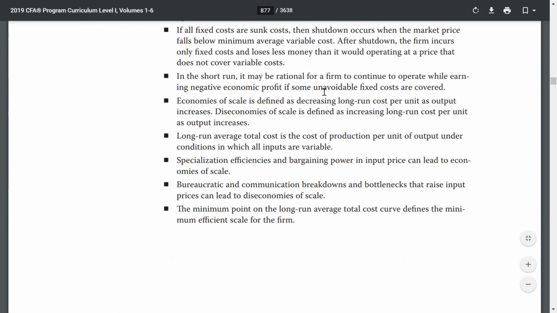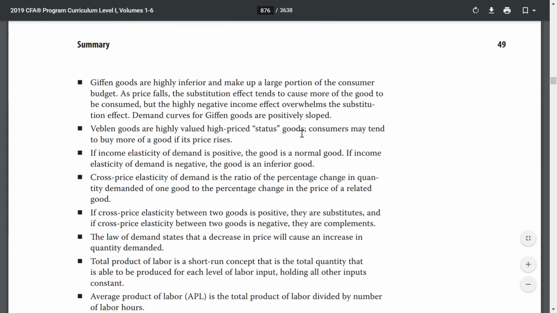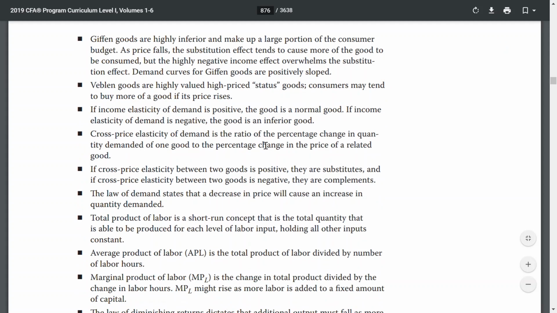As the price falls, the substitution effect tends to cause more of the good to be consumed, but a higher negative income effect overwhelms the substitution effect. Demand curves of Giffen goods are positively sloped. Veblen goods are highly valued, highly priced status goods. Consumers may tend to buy more of a good if its price rises.